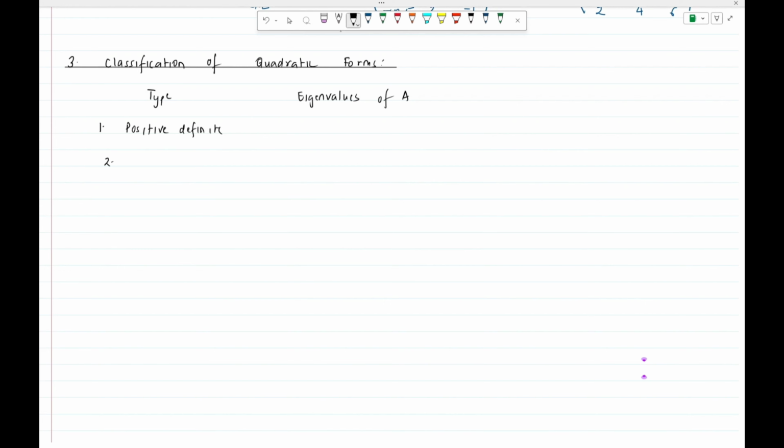The next one is positive semi-definite. Followed by negative definite, negative semi-definite, and lastly indefinite.